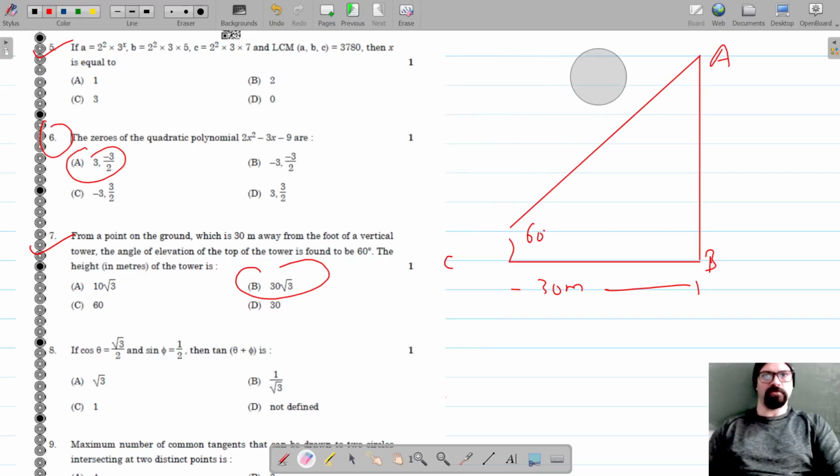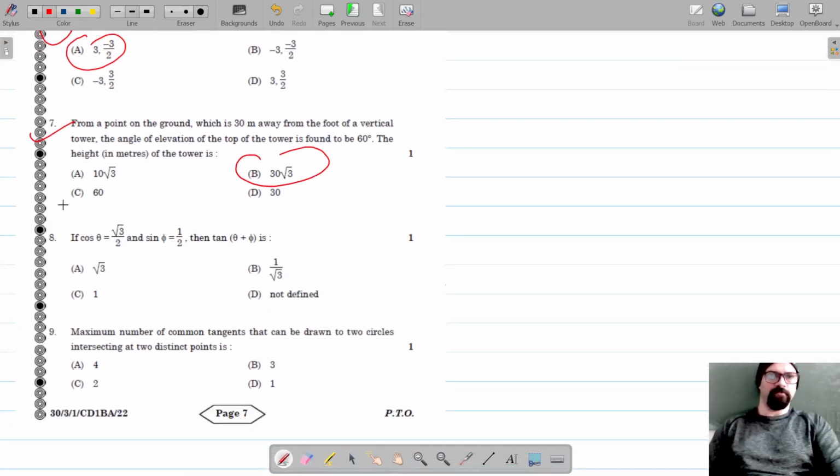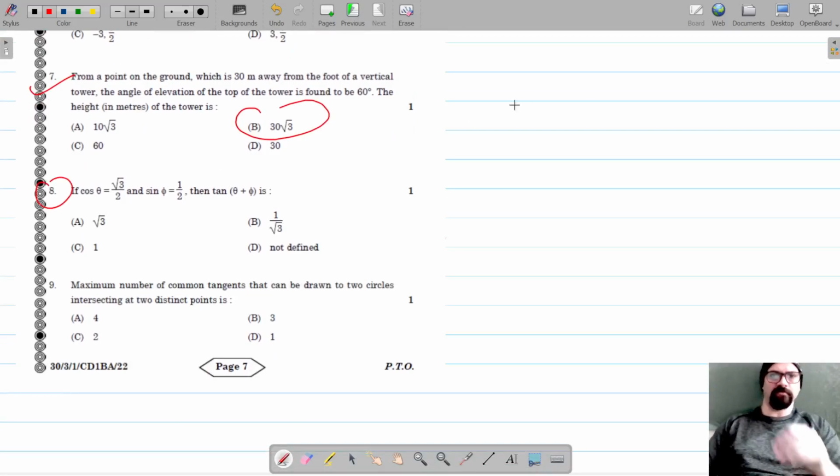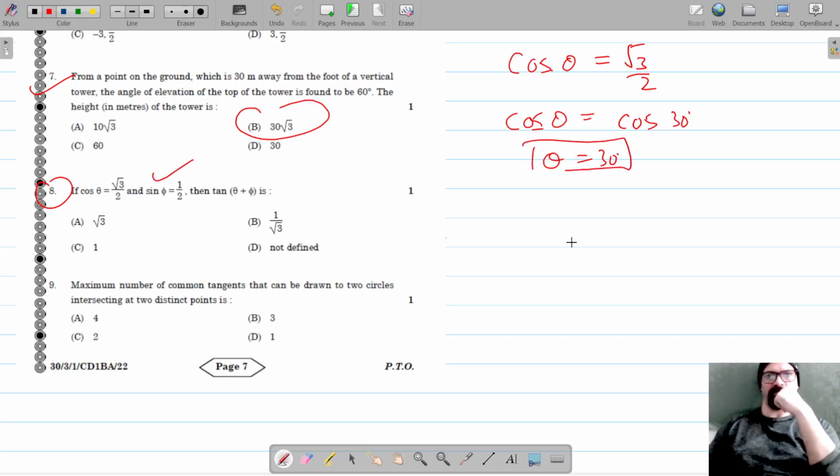Moving on to question number 8. For question number 8, it's given that cos theta is root 3 by 2, and we know that the angle for which cos is root 3 by 2 is cos 30. So that means theta is equal to 30 degree. And the next is sine phi.